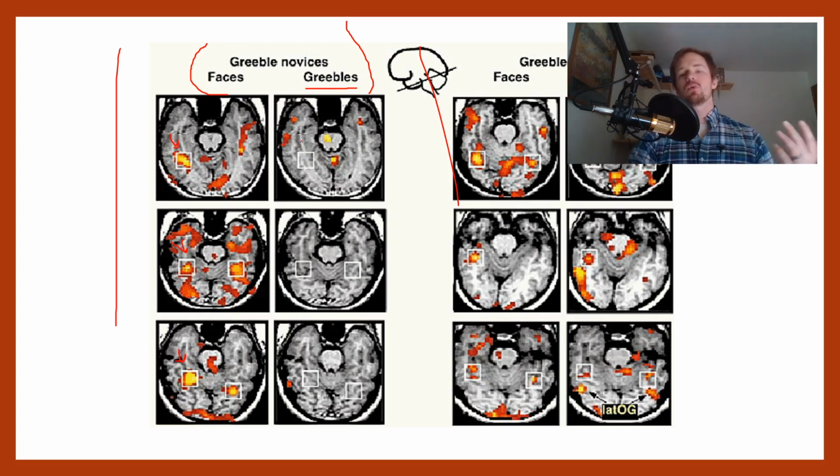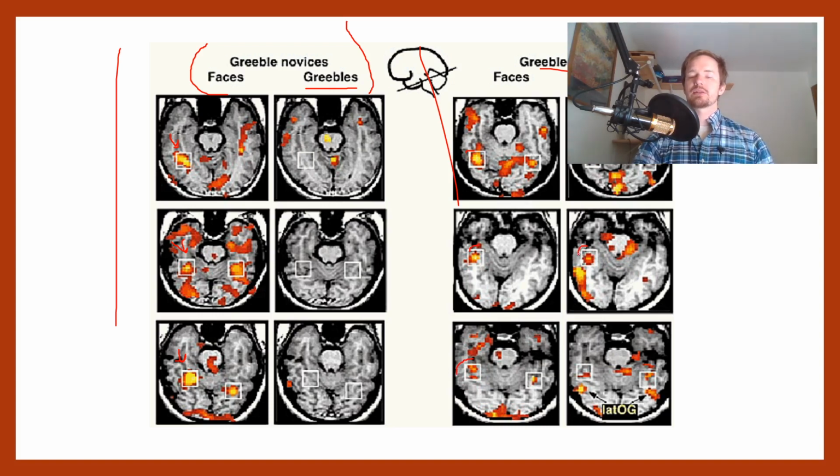After only about a week of training, these people that trained up on greebles come in, and we see that yes, they're still active whenever they're looking at faces. But now look at over here. We're starting to see this activation in the fusiform face area for whenever people are looking at greebles versus regular common objects, which means that yes, there is something about experience and training in the way that our brain processes the stuff.